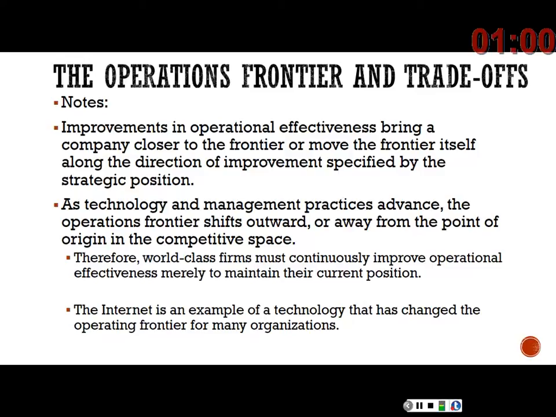The internet is an example of a technology that's changed the operating frontier for many organizations. I can do a lot of things using the internet that I couldn't do before in terms of research and understanding what options are out there. I think of someone who wrote their dissertation 40 years ago.